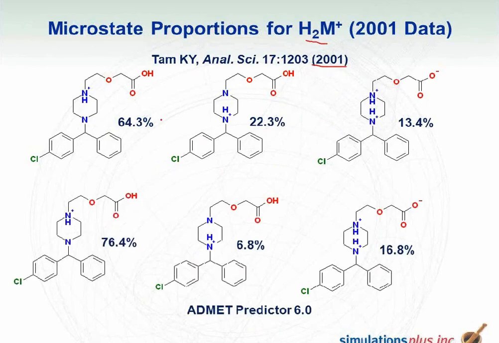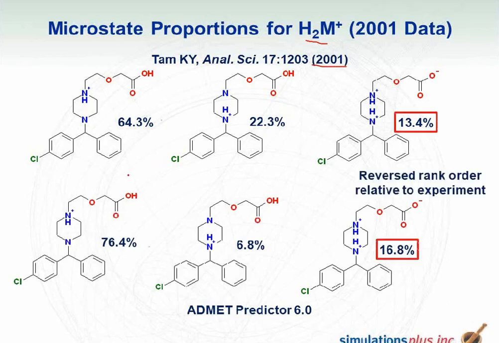And you see that we agree that this state is the highest percent, but for the other 2, our rank is reversed relative to the experiment. So from the experiment, they say that this is the next highest population, where we say that this state over here is the next highest population.